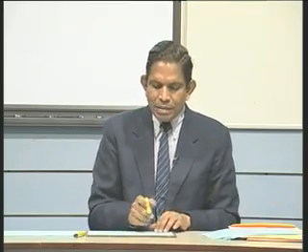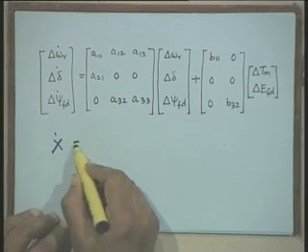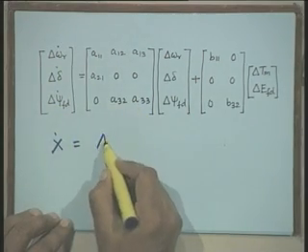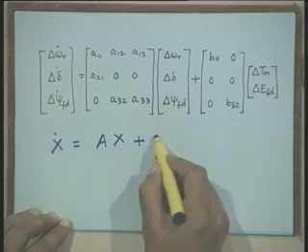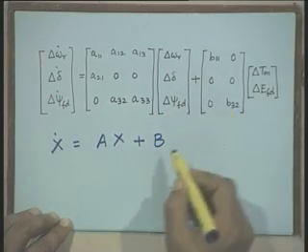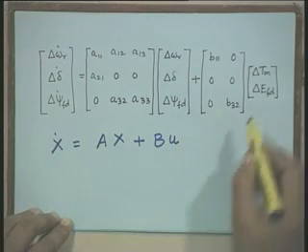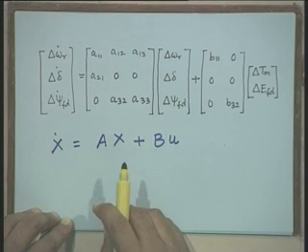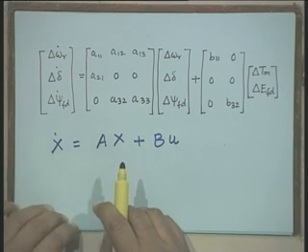The model is written in the form x dot equals A x plus B u, where x dot is delta omega r dot, delta delta dot, delta psi FD dot, A is the system matrix, x is the state vector, B is the input matrix, and u is the input vector comprising delta Tm and delta EFD.